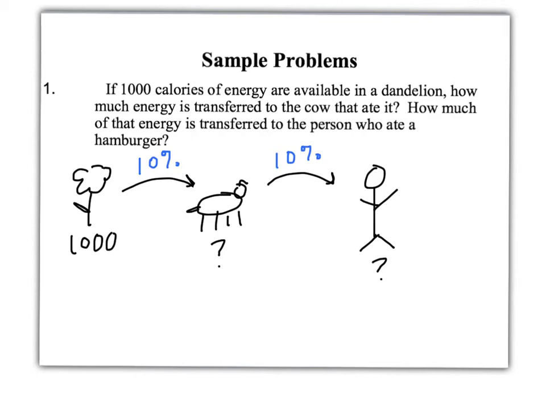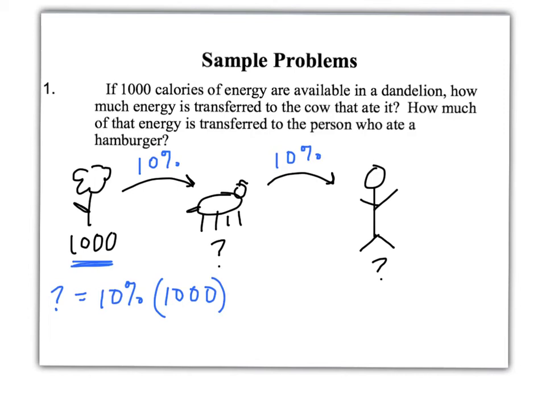If we want to find out, starting with 1,000 calories, how much is passed on to the cow, then we need to know what is 10% of 1,000. So a way to write that is what is, or what equals, 10% of 1,000. "Is" is always an equal sign, "of" is always a multiplication.